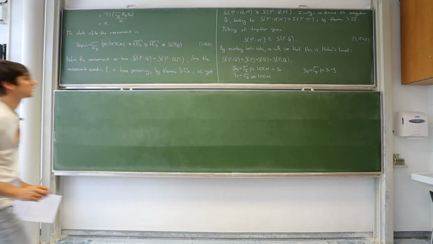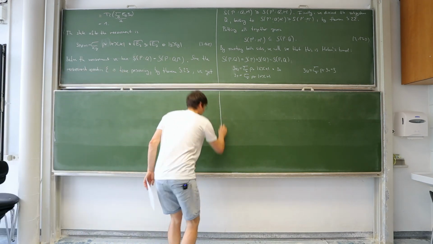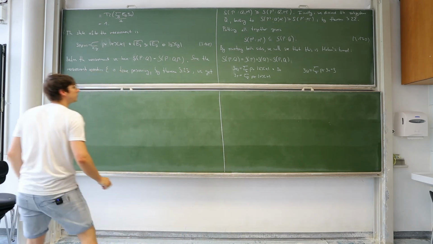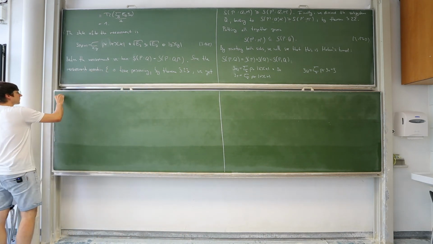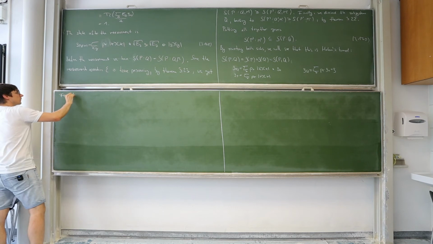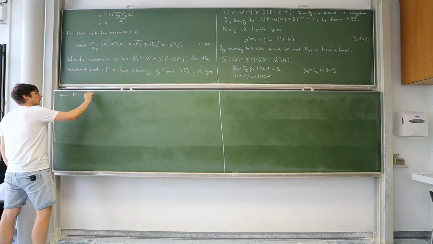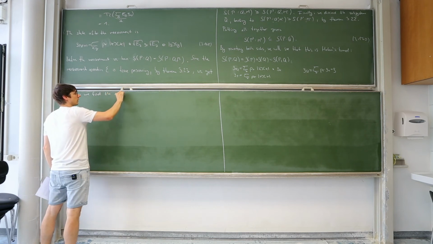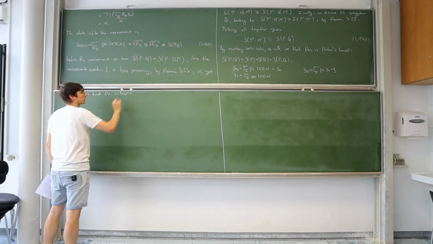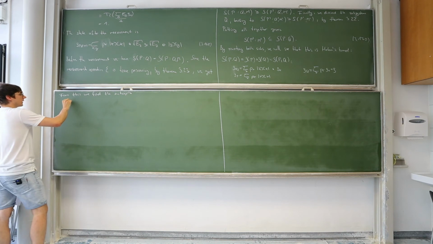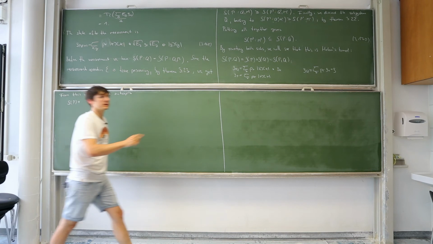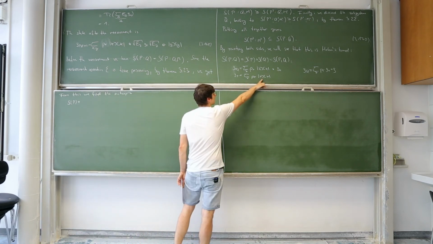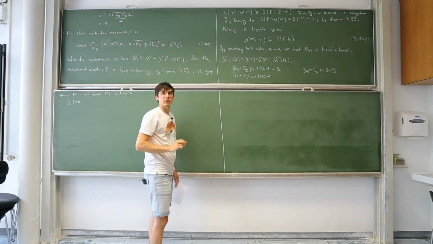So first, we calculate the von Neumann entropy of, say, rho P, and from this we find the entropies. First, S of P. So we take this density operator. Now we note that those states x are mutually orthogonal.